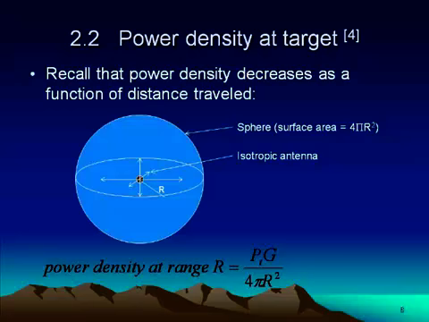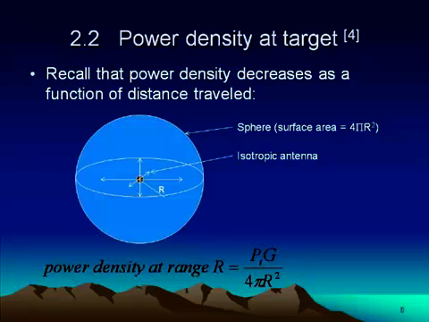Power transmitted by an isotropic antenna, just for a hypothetical case we are considering here, then there will be a power density of Pt by 4 pi r square at a distance of r from the transmitting antenna location.